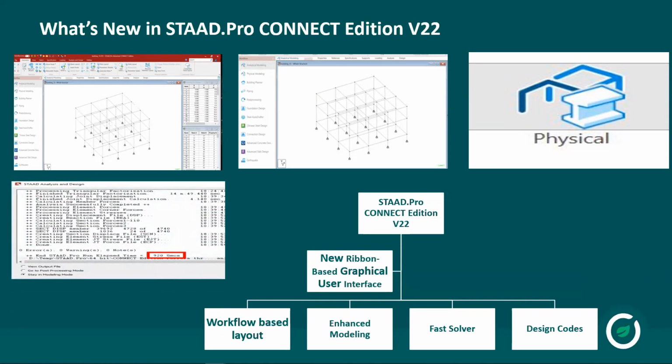We compared the analysis time of several medium to large scale models between V8i and Connect Edition, and we have observed Connect Edition is 2 to 2.5 times faster than the older version. I'm not just saying this.